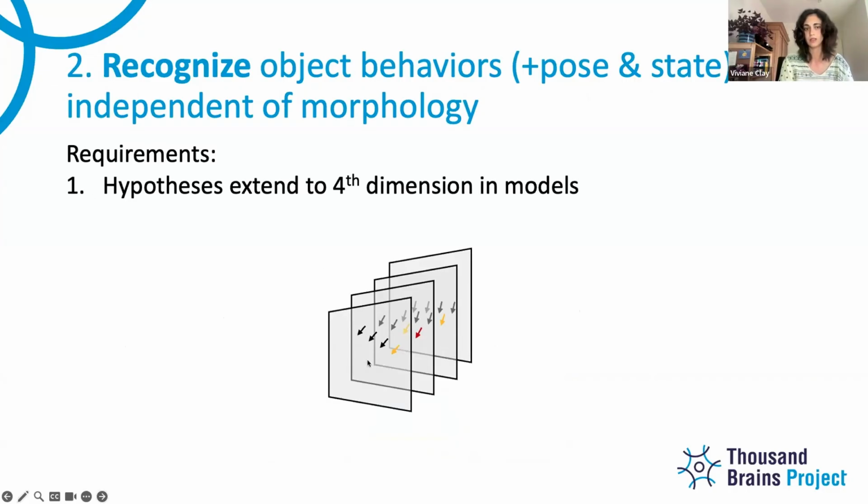So I tried to illustrate that here: we might have evidence for different locations in the 3D reference frame we have right now, but now that might extend into the temporal dimension, like where we think we are in that sequence. And another question around that, I'll bring up later, is can we interpolate in temporal space the same way we interpolate in 3D space?